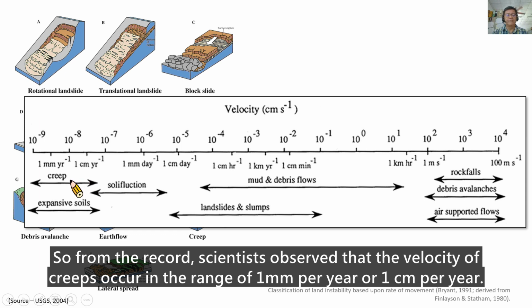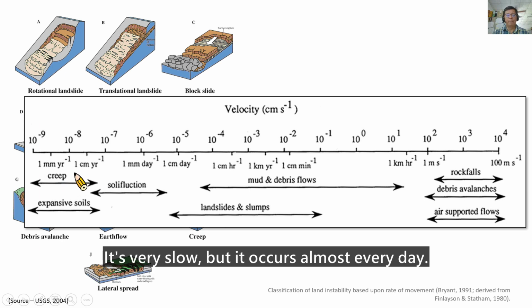From the records, scientists observed that the velocity of creep occurs in the range of 1 millimeter per year or 1 centimeter per year. It's very slow, but it occurs almost every day.